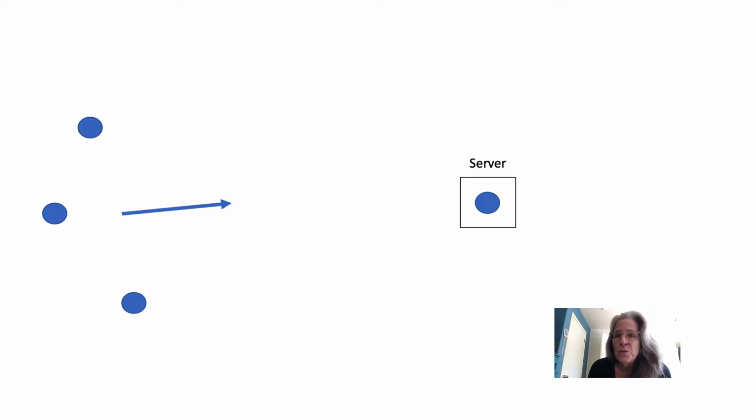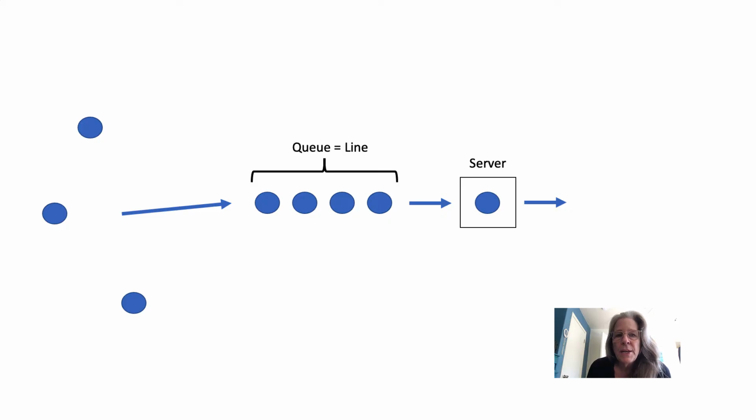They start to move towards the server and form a line. And then as the server is available, one person in the line or one item in the line is served by the server and then exits the system. So we call this line a queue, and that's what we call queuing theory.